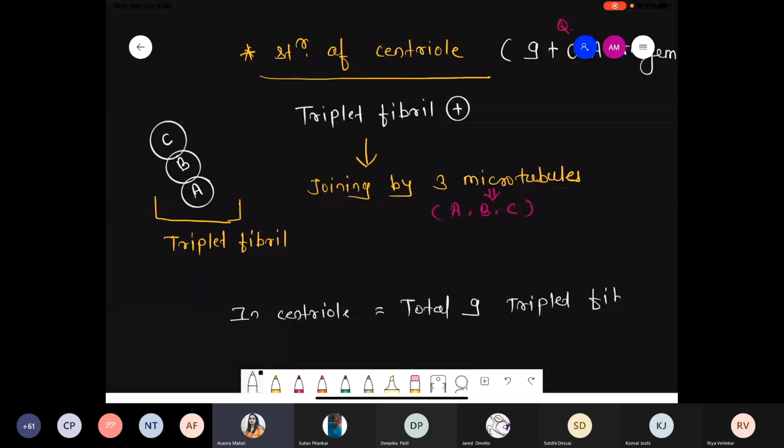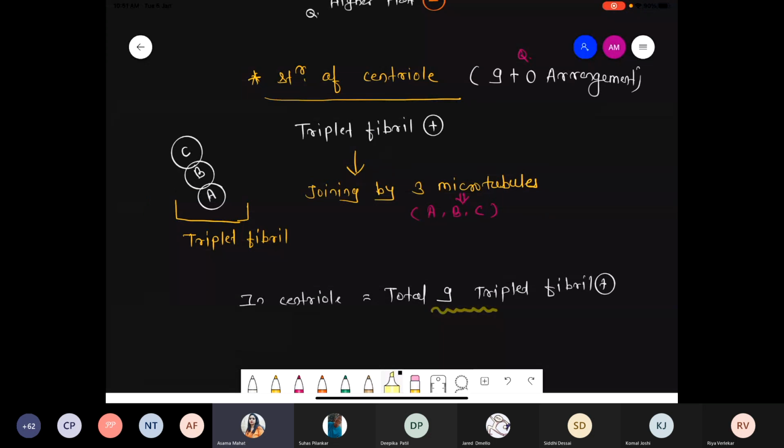So we try to understand with the help of this structure the meaning of 9+0, and how the triplet fibrils join with each other in a helical, circular manner, so that it looks like a cartwheel-like structure. Got it? Any doubt about the triplet fibril? Triplet fibril means A, B, C, three microtubules that join with each other, and after the joining they form a triplet fibril structure. Okay?